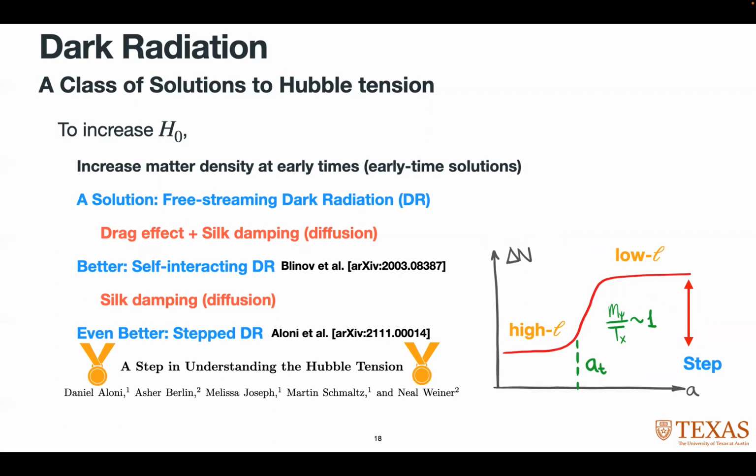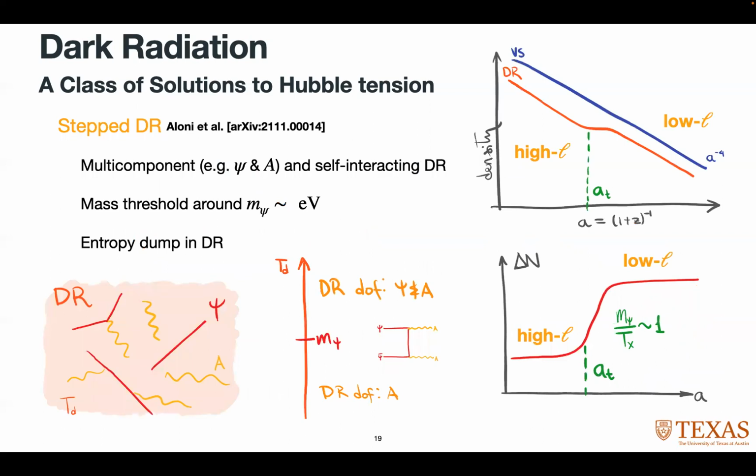Okay, then how can this step in dark radiation be realized? In this type of model, there is multi-component dark radiation, which is interesting. So, for example, let's say there's a dark photon and a dark fermion, and they interact with each other. And there's a threshold around the eV scale. So here is the eV scale.